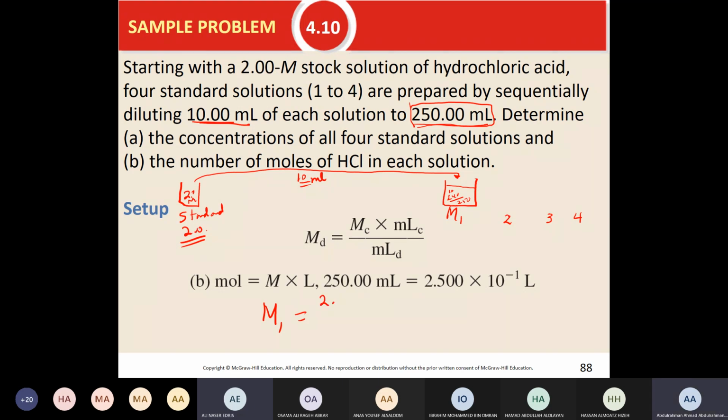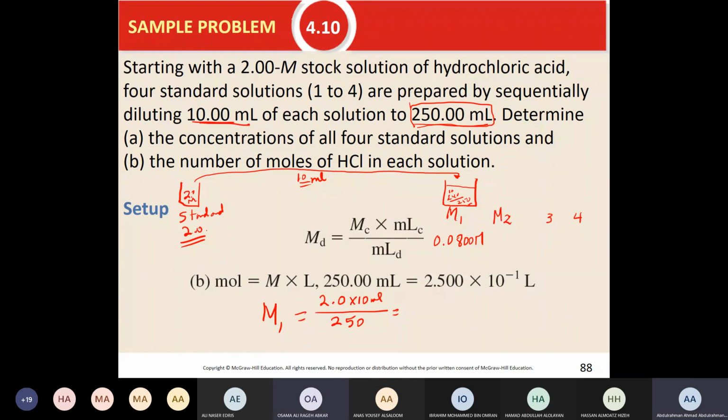Now 2.0 times 10 milliliter, divided by 250 milliliter, which is the new volume. Okay, give me an answer. 0.08. 0.0800 molar. Good. Are you following?